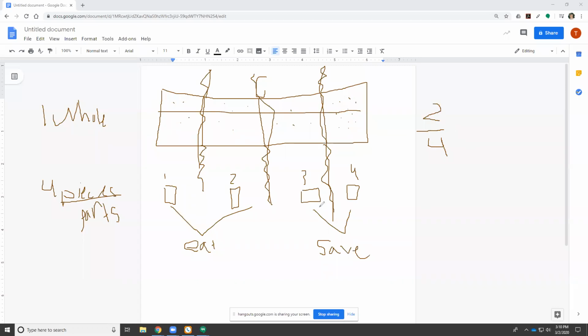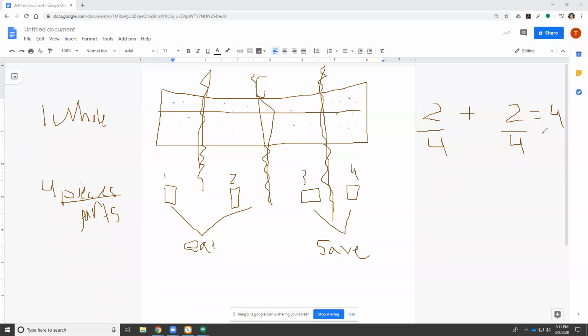And then how many did I save? And how many is it again to have the total, the whole? 4. So that's 2/4 too. So what would happen if I added 2 plus 2? Good.